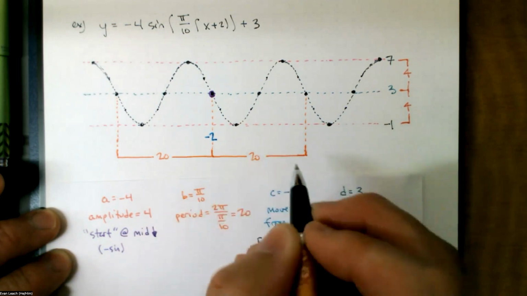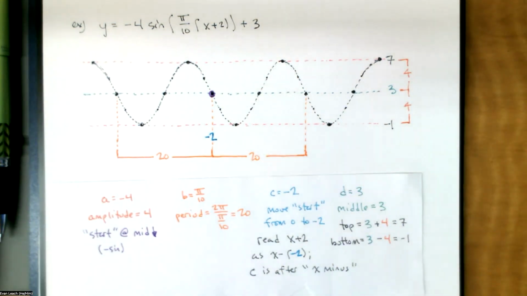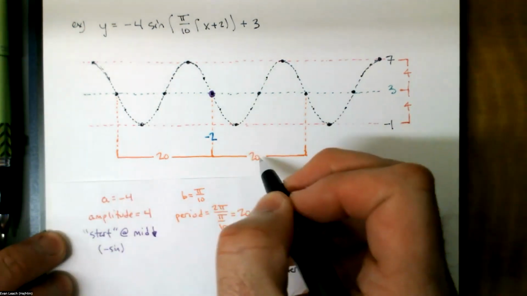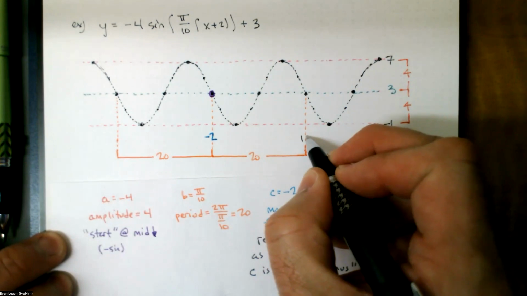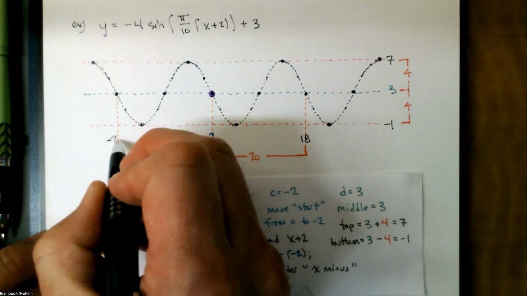That's the length of one cycle. This will help us figure out where all these significant points are. -2 plus 20 is going to be 18. -2 minus 20 is going to be -22.